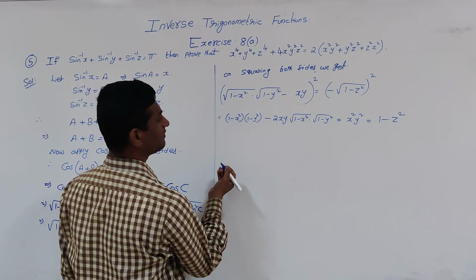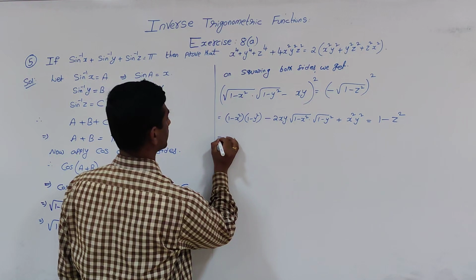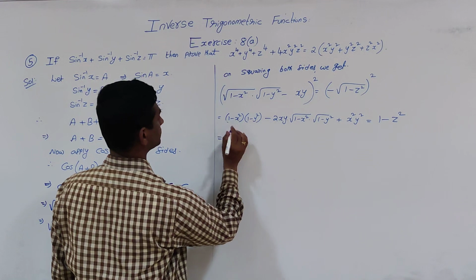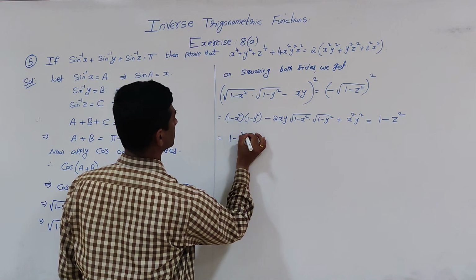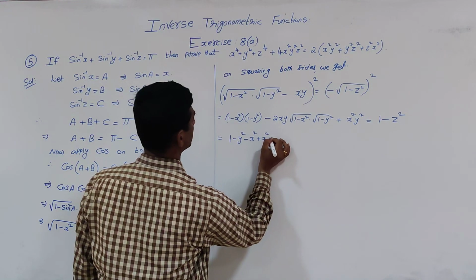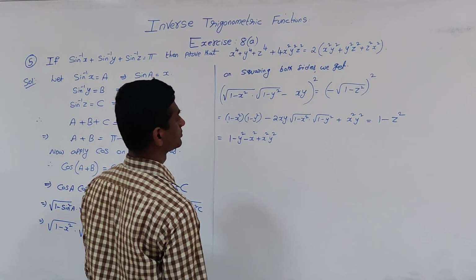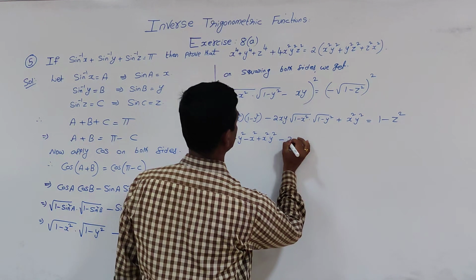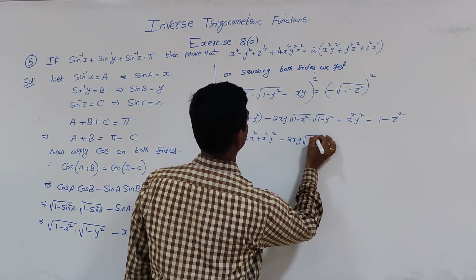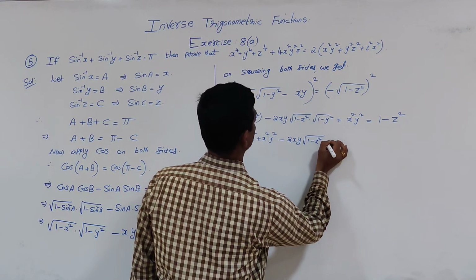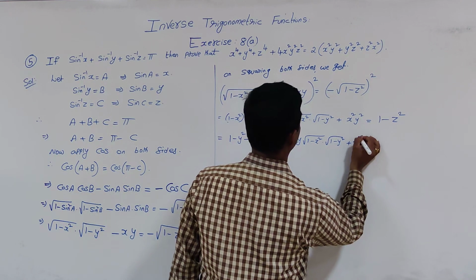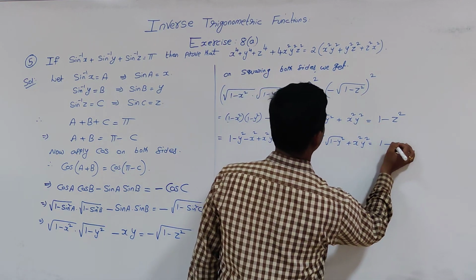Now if you simplify, 1 into 1 is 1 minus y square minus x square plus x square y square minus 2xy into under root of 1 minus x square into under root of 1 minus y square plus x square y square is equal to 1 minus z square.